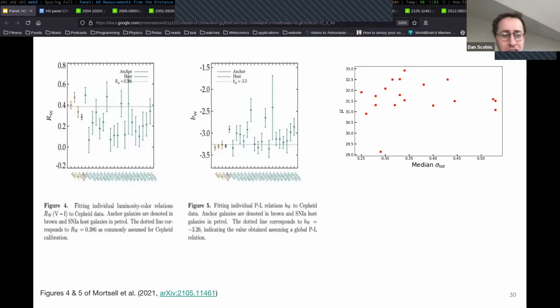What you could see in this figure 4 here is that the first 4 galaxies are what we are calling the anchor galaxies, and all the other ones are the calibrator galaxies.